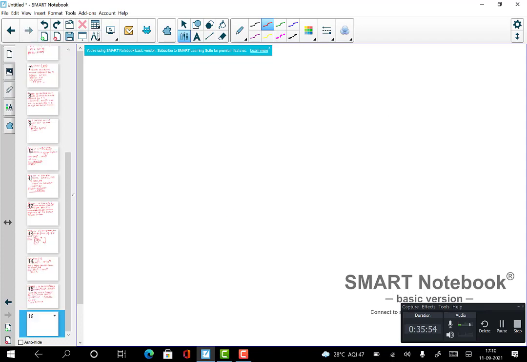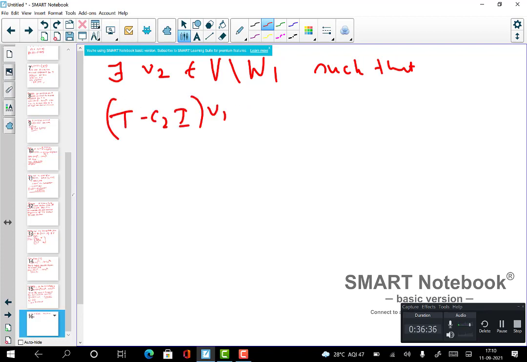So for W1, there exists some v2 belonging to V but not inside W1, and W1 is spanned by v1, remember, such that (T minus c2 I) of v2 is an element of W1.